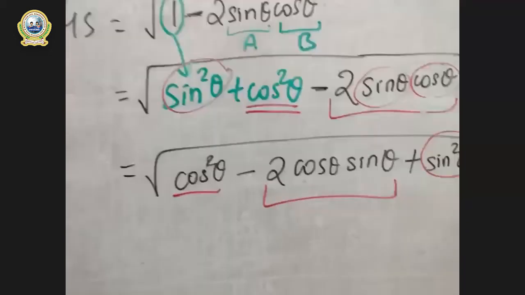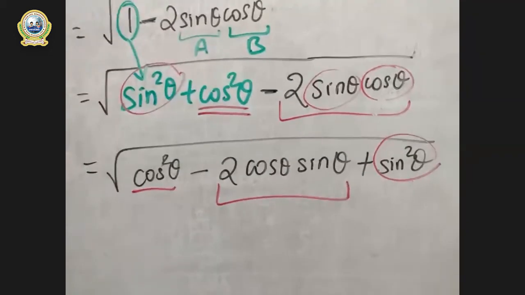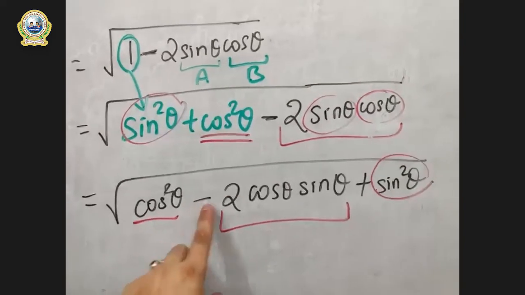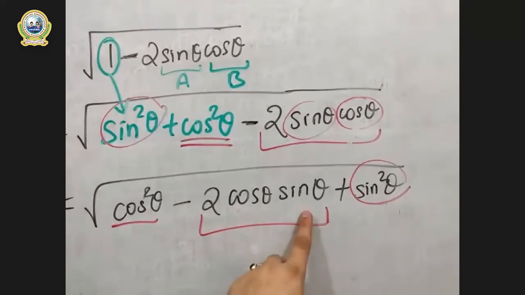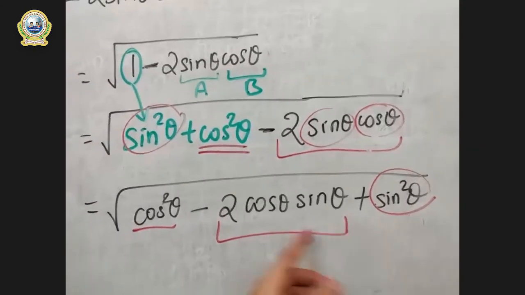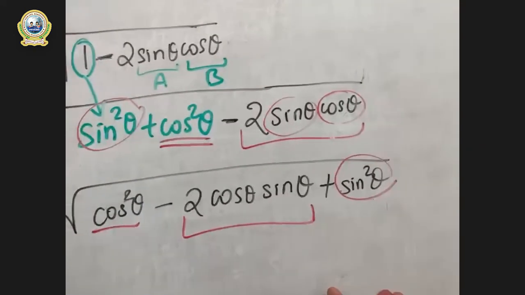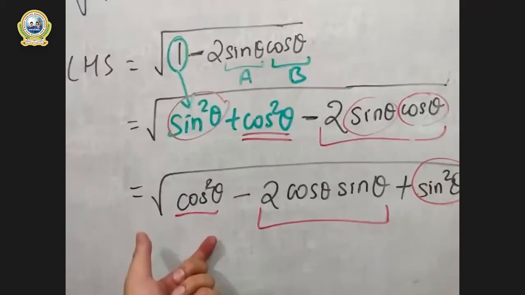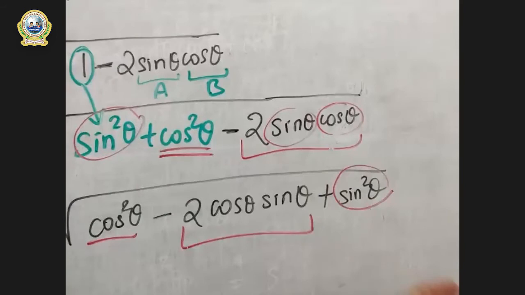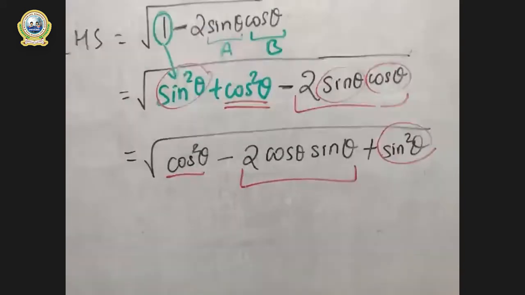Now, this seems like a pattern of a square form. Look at here clearly. A square minus 2AB plus B square. This is a straight formula, right? A square means cos square, minus 2AB means 2 cos sine, plus B square. This is a formula, right? This is a very easy one.